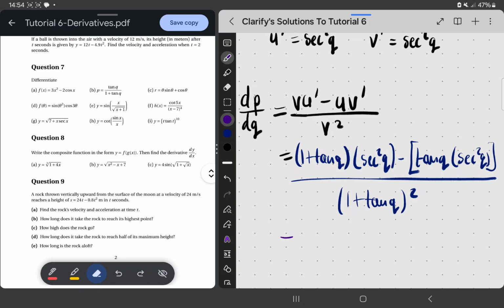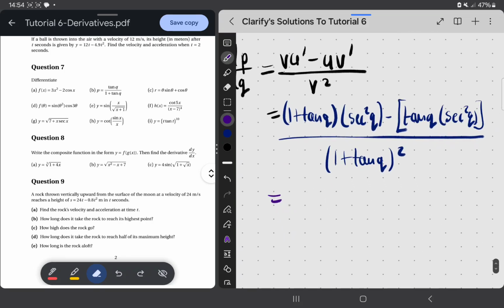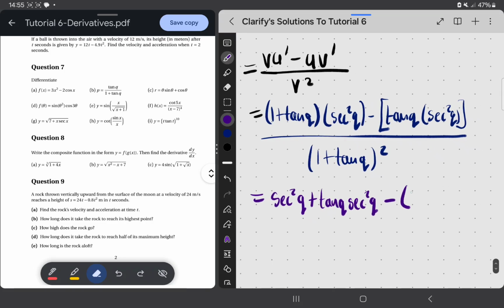What am I going to have now? This is going to be sec squared times 1. It becomes sec squared q plus sec squared q times tan q is going to be tan q sec squared q. Minus now this whole thing, which is tan q times sec squared. So it's going to be tan q sec squared q. Okay.